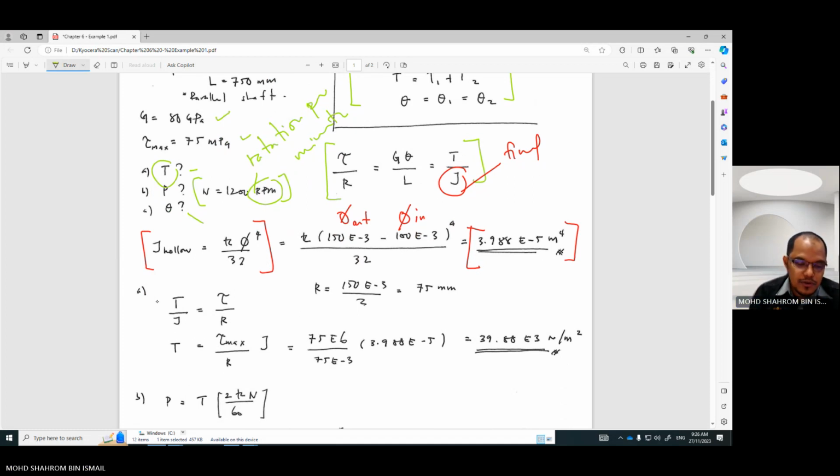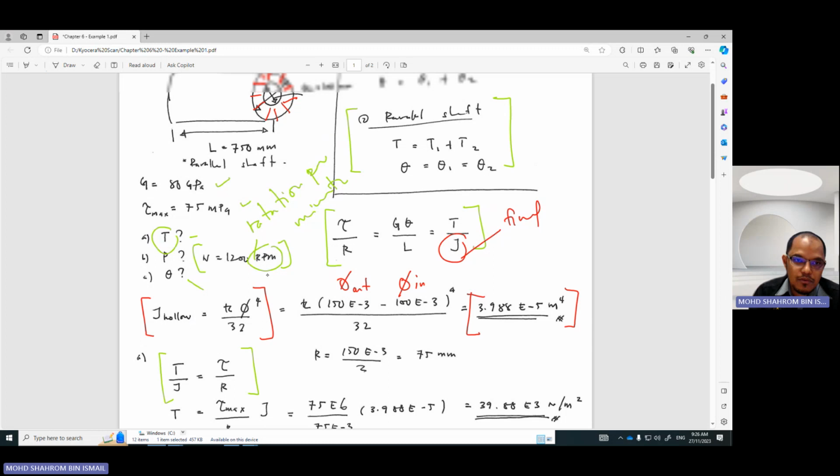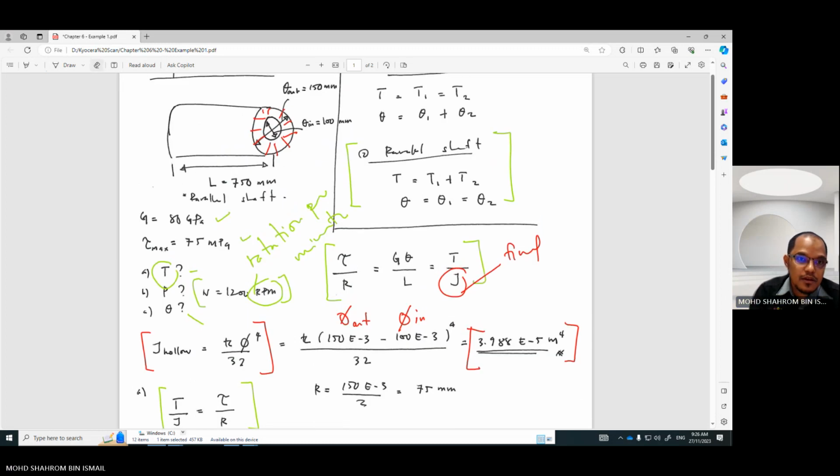We use this combination of formula, which is torsion over J equivalent to tau over R. In order to get R, we use a maximum radius. What is the maximum radius? Let me clear this one first.